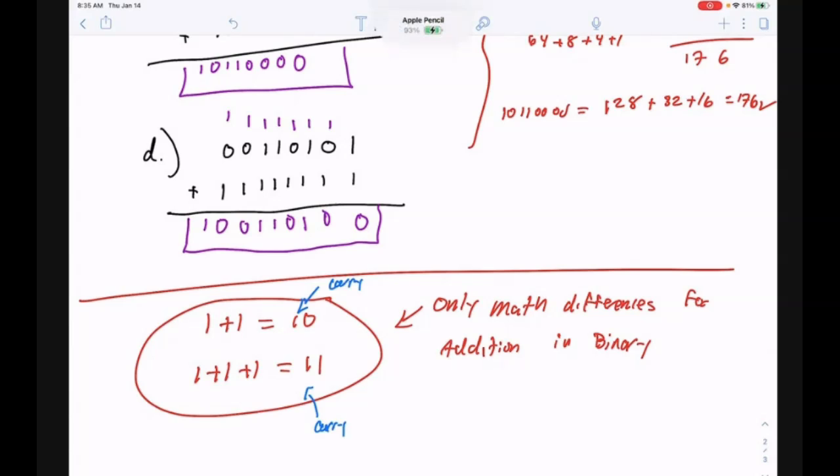So tomorrow, I'm going to ask for just a little bit of time at the beginning. I'm going to bank some of my synchronous time for tomorrow. If you got this addition part, then tomorrow should be easy, because the multiplication is identical to the normal multiplication rules.